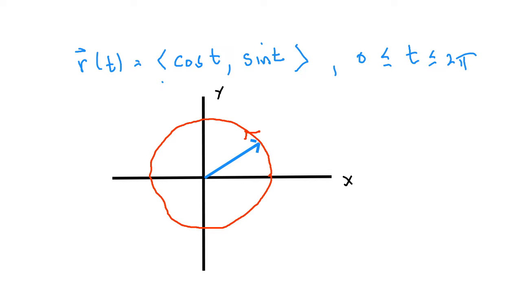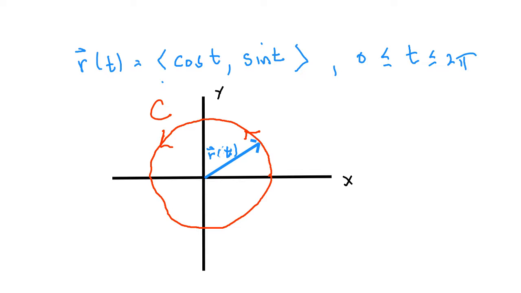Okay, so here's r(t), tracing out this circle, which is our space curve C. Now watch what I'm going to do here.